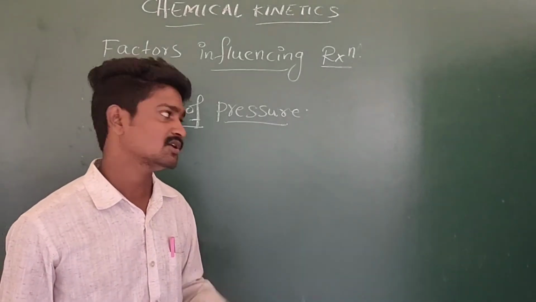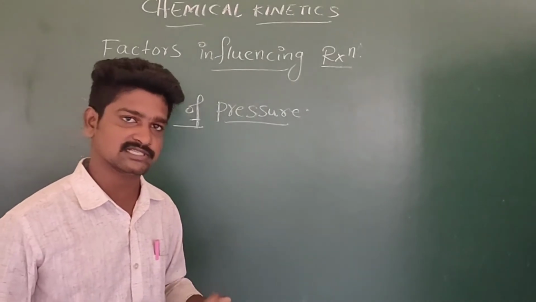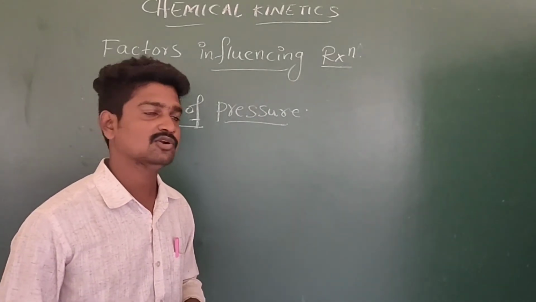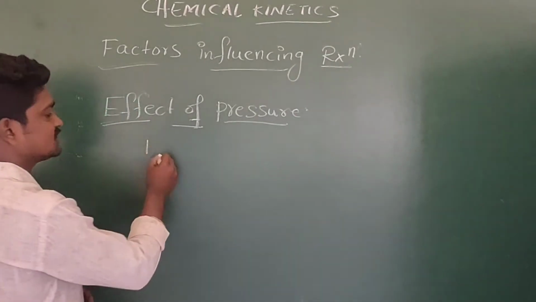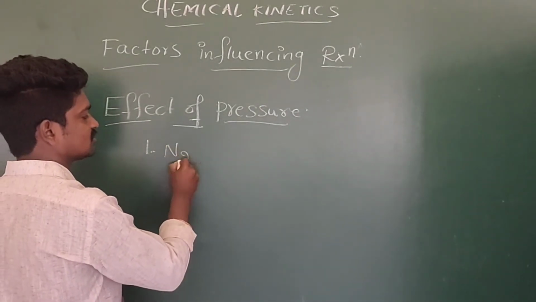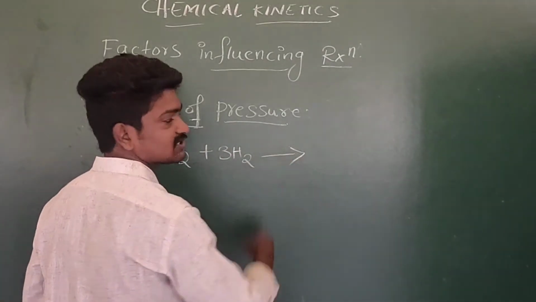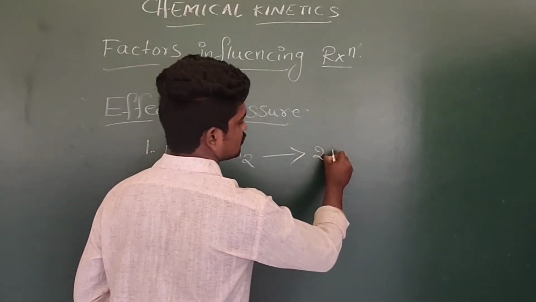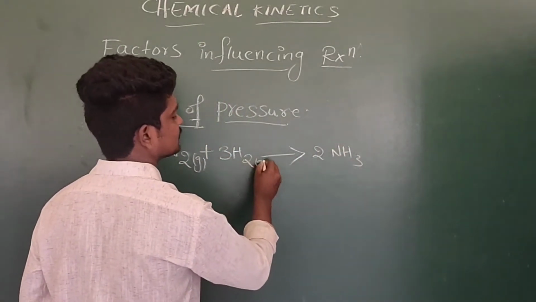So when the pressure increases, the rate of reaction also changes. It may be affected. So I will illustrate an example. See, first one. N2 plus 3H2 gives rise to 2NH3. So these are all in gaseous state.